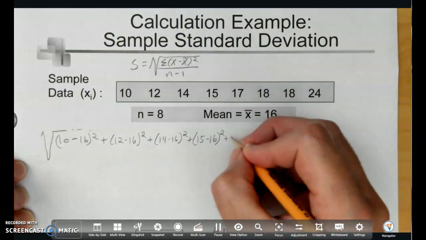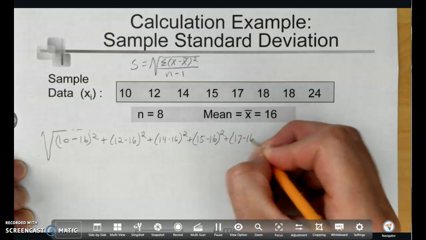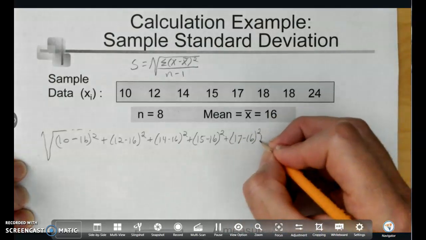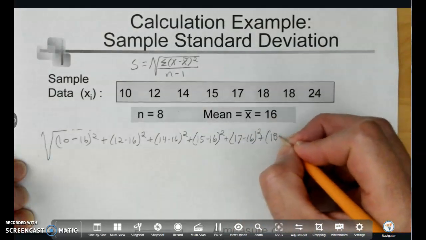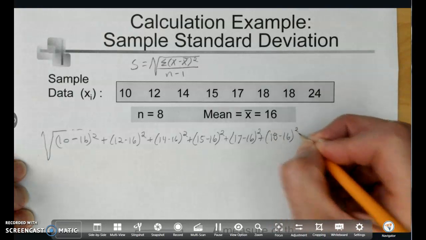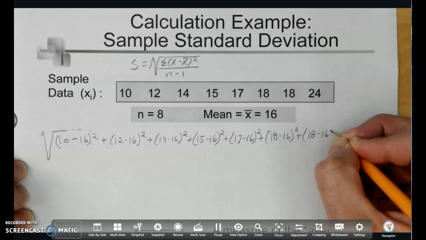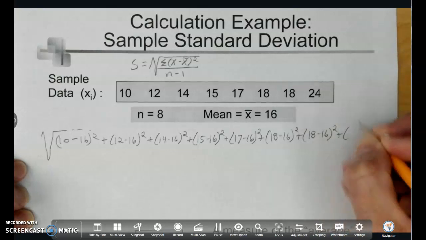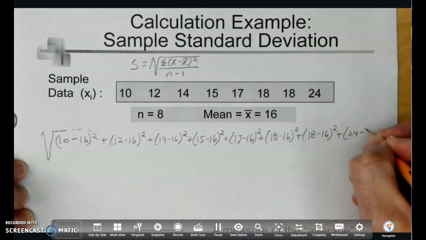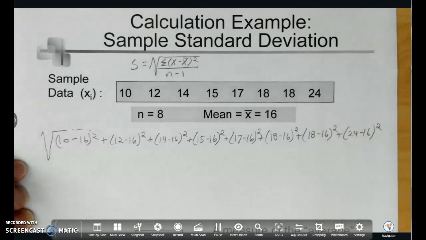We add to that 17 minus 16 squared. We add to that 18 minus 16 squared. We add to that 18 minus 16 squared. And we add to that 24 minus 16 squared.